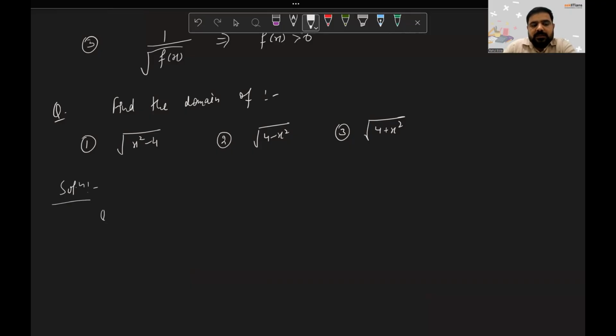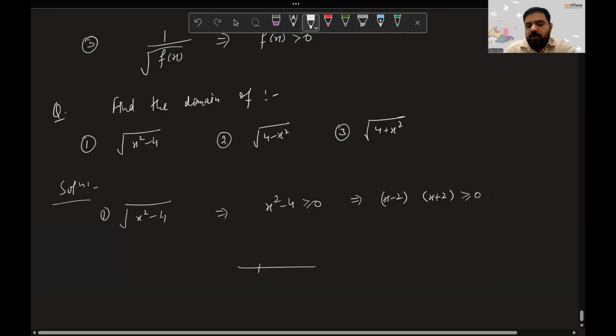So first case, when we'll be finding the domain for this function, root of x square minus 4, we know that x square minus 4 has to be greater than or equal to 0. If we factorize this further, we'll be having x minus 2 into x plus 2 greater than or equal to 0. And now it comes to the point where we'll be utilizing the understanding of wavy curve.